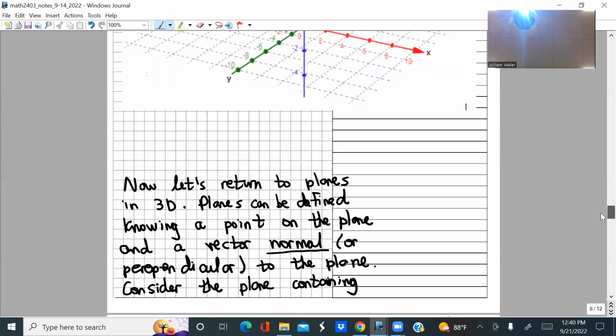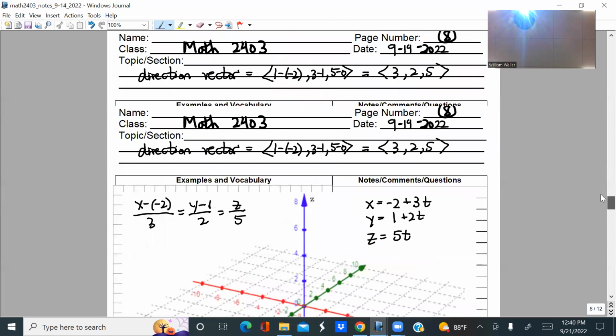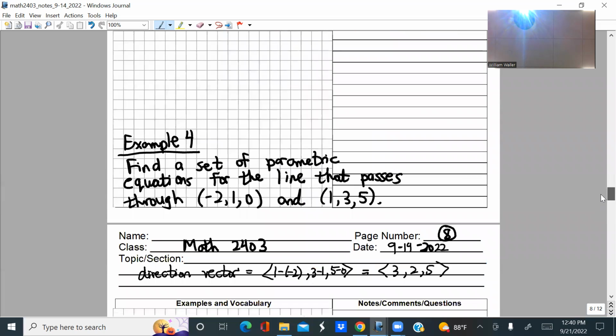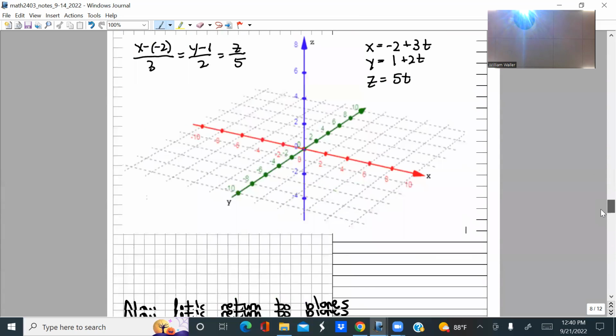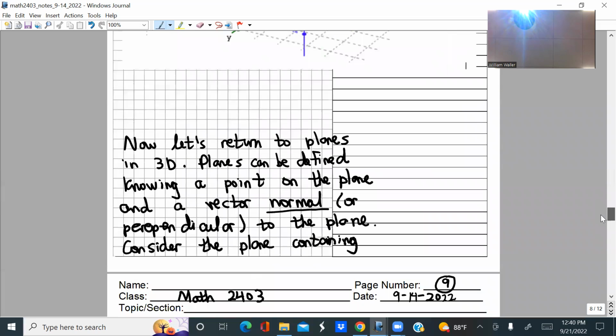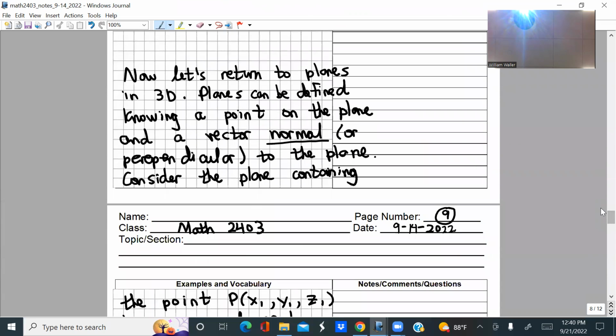Okay, now that brings us to, as I mentioned, lines are not going to be all that crucial to us in the course, but what's really going to be crucial are planes. And so we need to get back to planes. So how do we write down an equation for a plane in 3 dimensions?